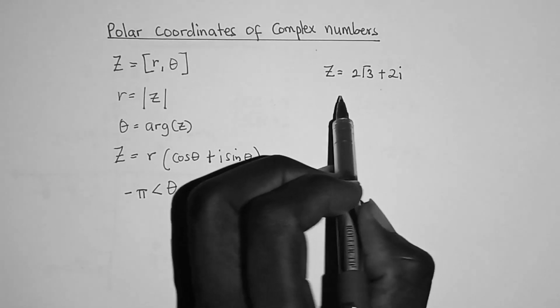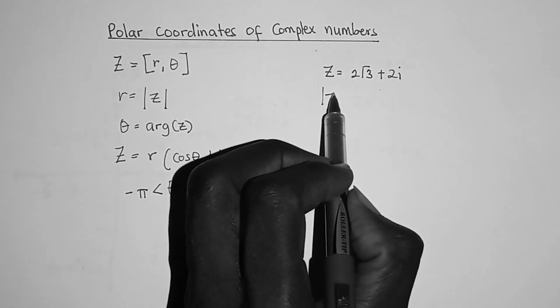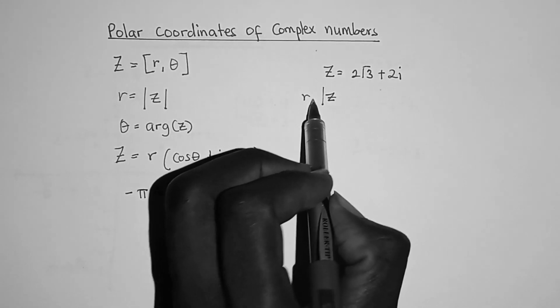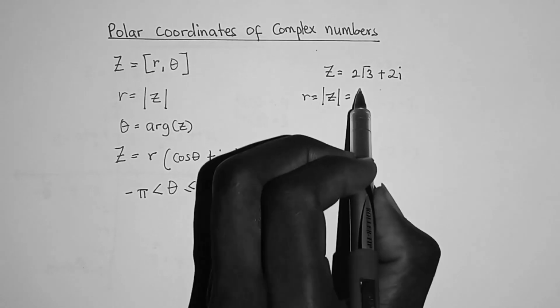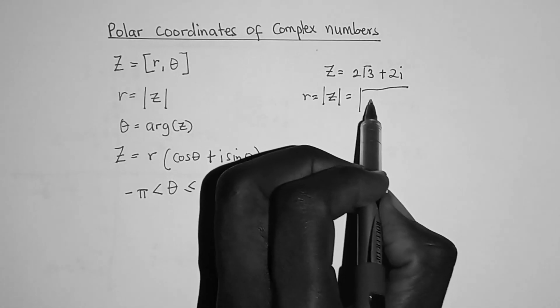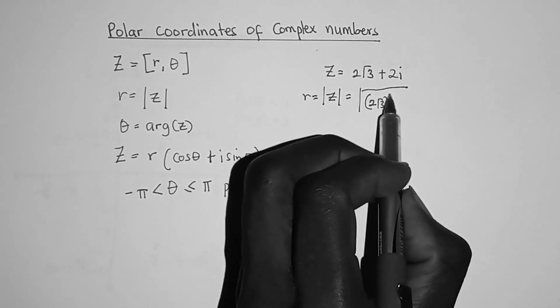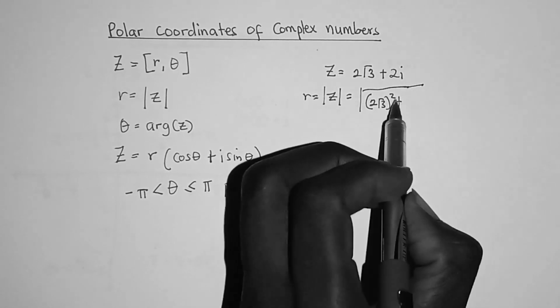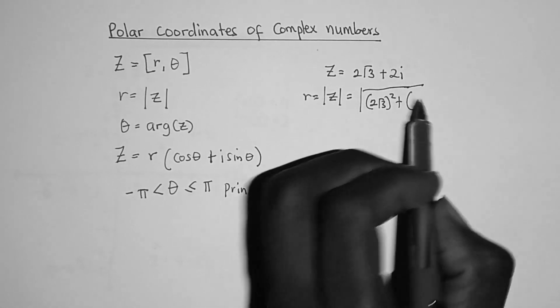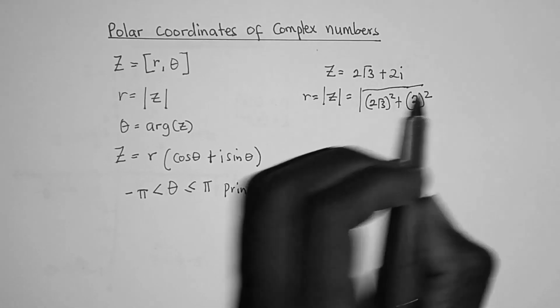The way to find the magnitude of a complex number is r, which is equal to the magnitude of z, which is the square root of the square of the real part, 2 root 3 squared, plus the square of the imaginary part, 2 squared.